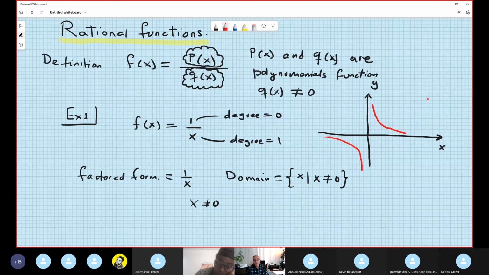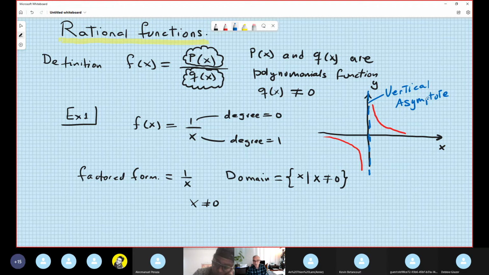And this function is undefined at 0, and the reason it's undefined is because the curve approaches but never touches the y-axis. That line is called, you need to be familiar with this name, vertical asymptote. A vertical asymptote is a hypothetical vertical line that the curve, which is the red color, approaches but never touches. And it never touches because it's completely out of the domain.